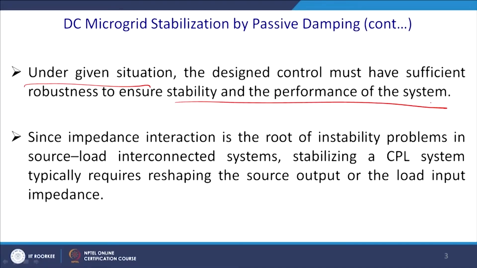Since impedance interaction is the root of the instability problem, that is, the change of impedance, because you are tracking the MPPT, your voltage and current change, and thus there is a change of impedance, and sometimes your load changes. So the impedance interaction is the root cause of the instability problem in source-load interconnected systems.